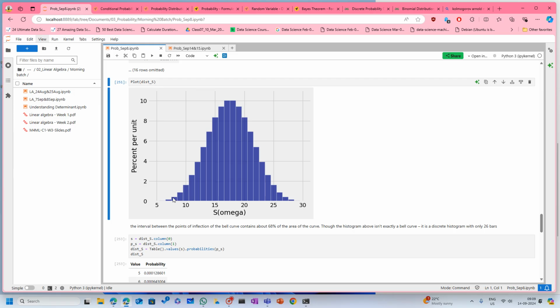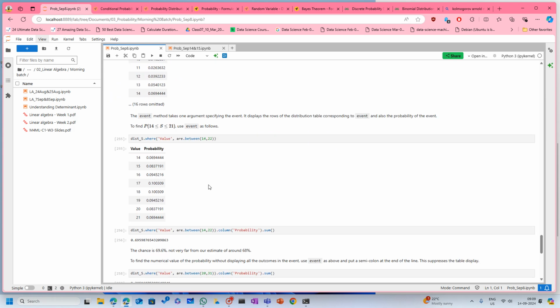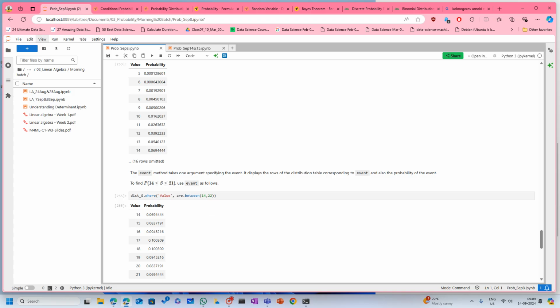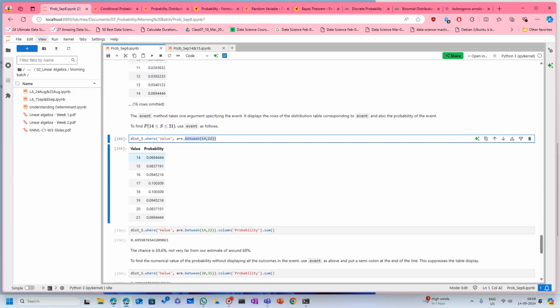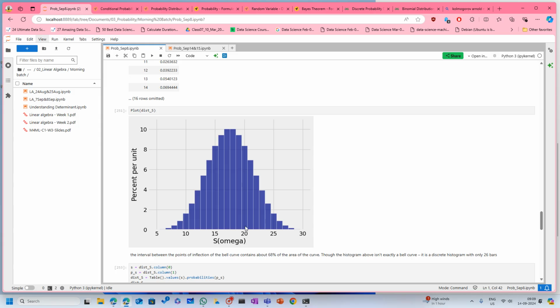Just showing you the possible probabilities. And if you also want to calculate the likelihood that I can get the sum between 14 and 21, then these are the probabilities. Notice how the probability of getting the sum equivalent to 14 is depicted in the graph also. If you notice, this 21 is the same as 14 here.